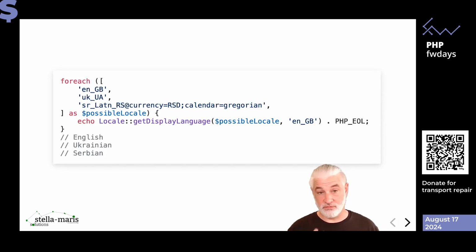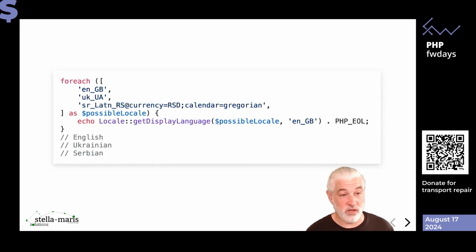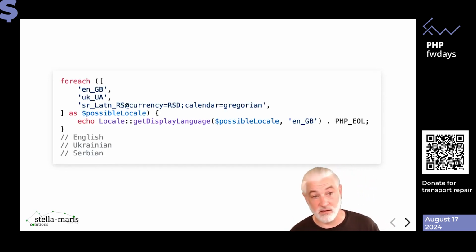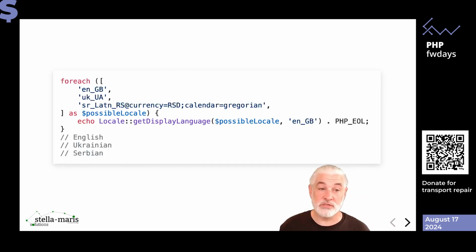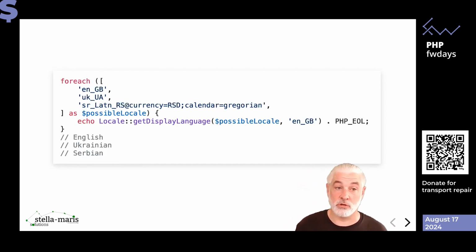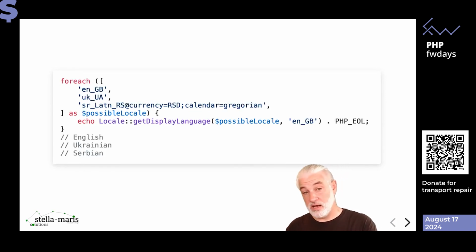We have different locales: en_GB, uk_UA, sr_Latn_RS, whatever. And for each of these, we want to have the language that shall be displayed. There is this awesome method, Locale::getDisplayLanguage, that gives you the language for a possible locale and returns that in a certain locale.